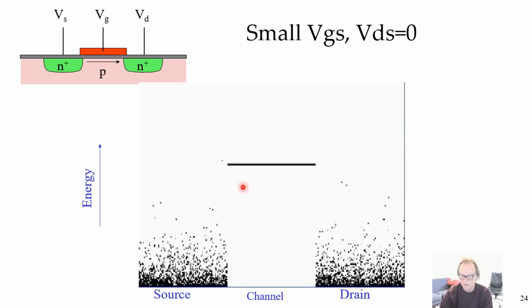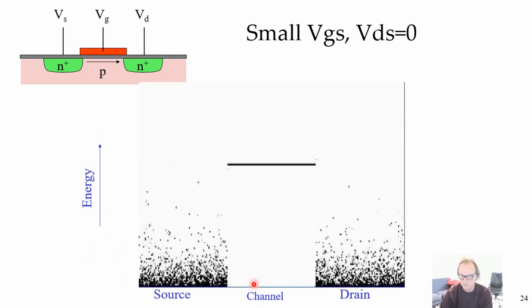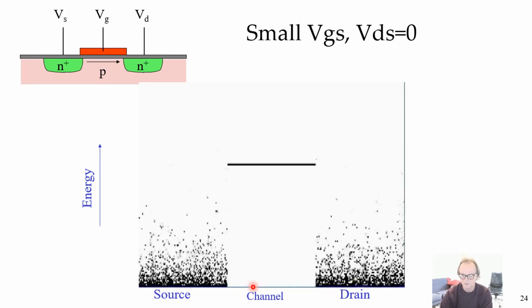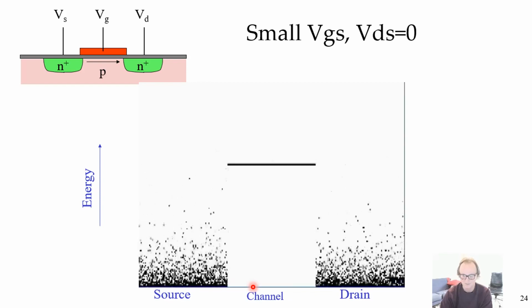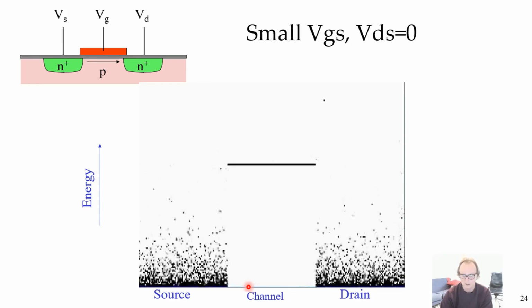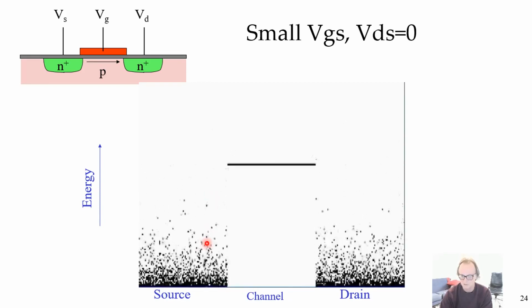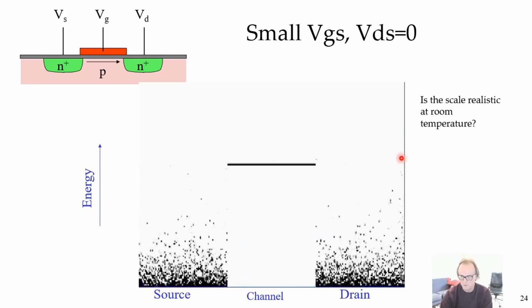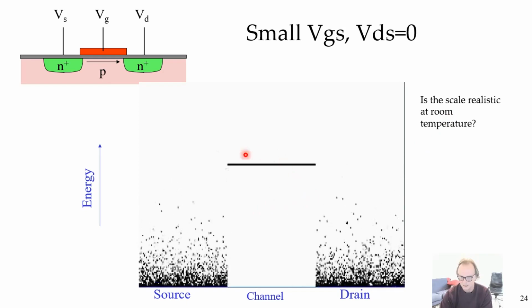In fact, if this barrier height here is 0.75 volts and the thermal activation energy is a 40th of a volt, remember kT is a 40th of a volt, 25 millivolts, then this scale is much exaggerated here. It should really all be happening in a width roughly the size of this bar here.